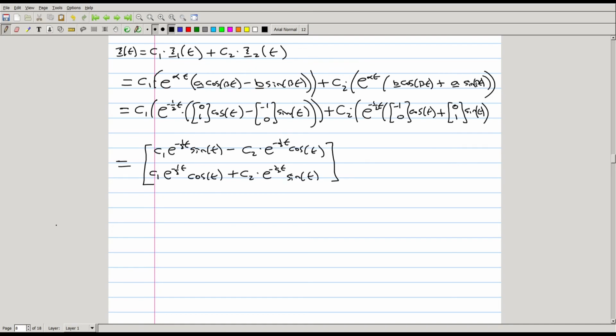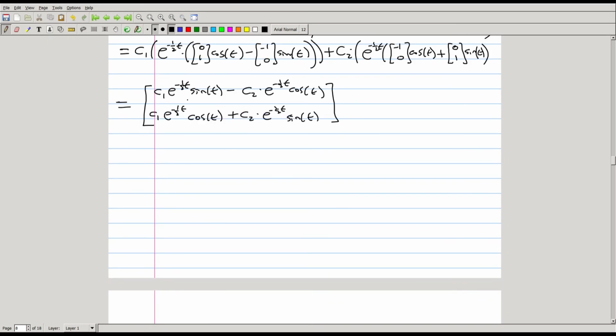And lo and behold, this can be simplified even more by using a little bit of matrix multiplication.